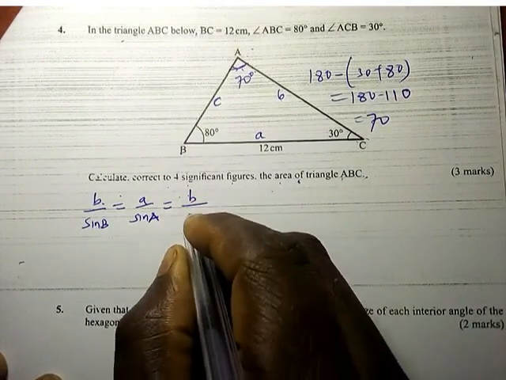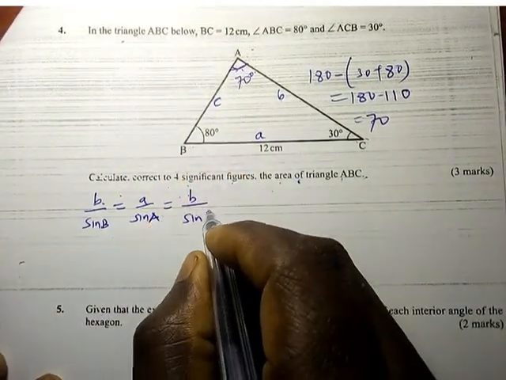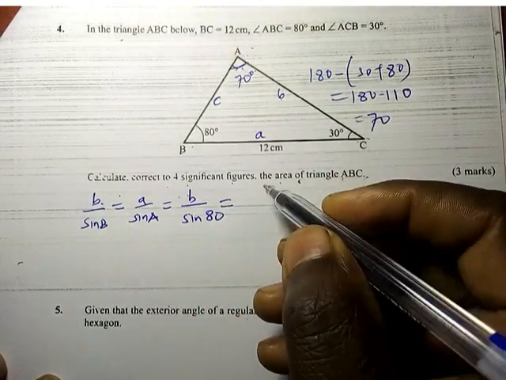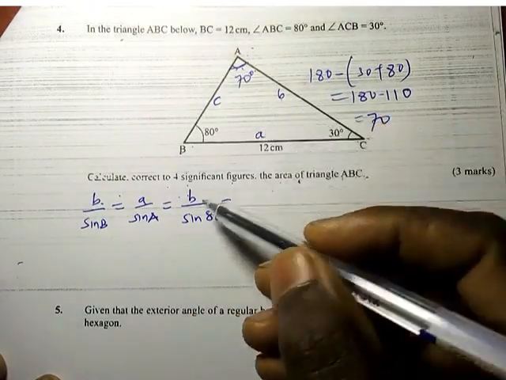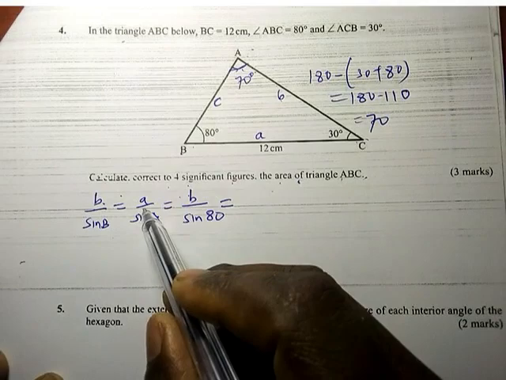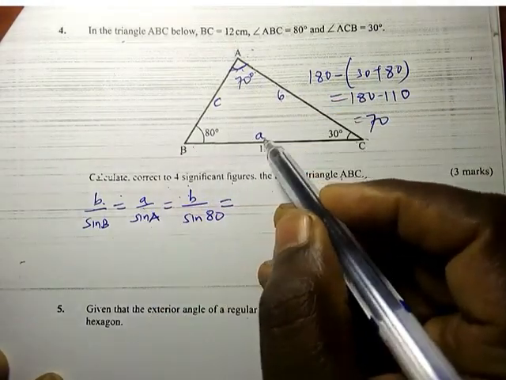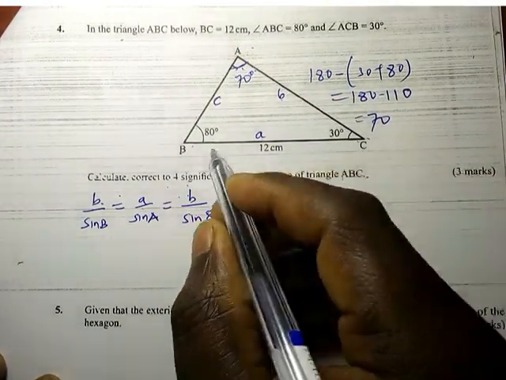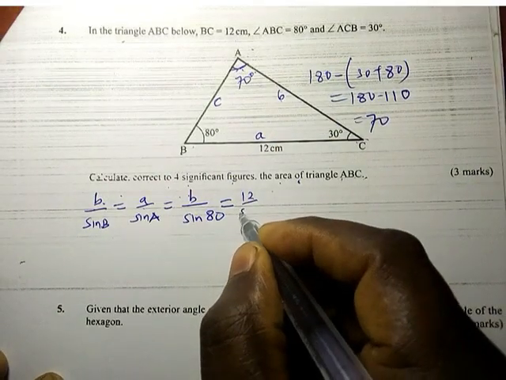B over sine 80 is equal to A, and A is 12, over sine 70.